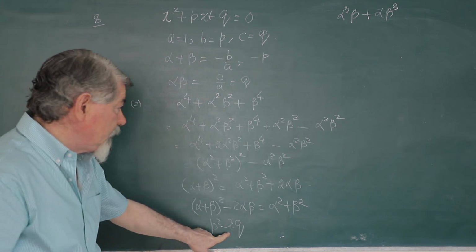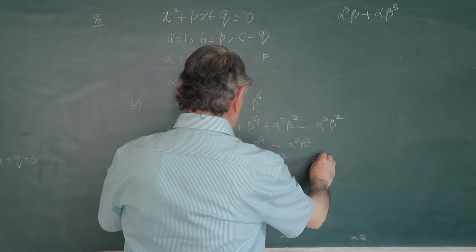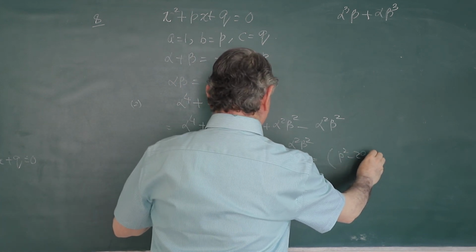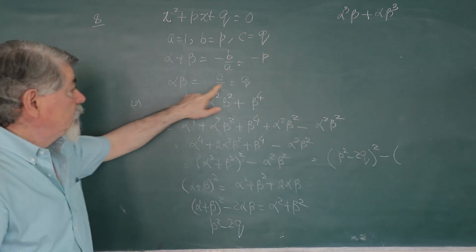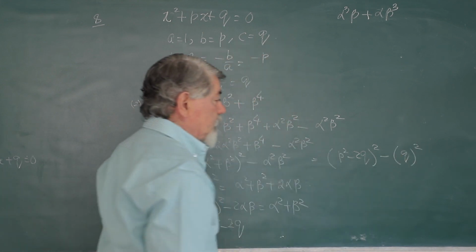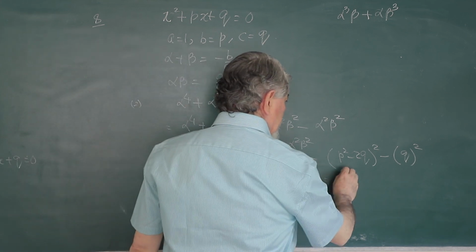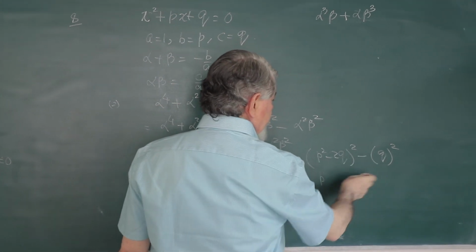This is p square minus 2q. Let me put the value here. P square minus 2q whole square minus, what is the value of alpha beta? q. So it will be q whole square. I can open out the bracket, or you can just write as difference of squares.